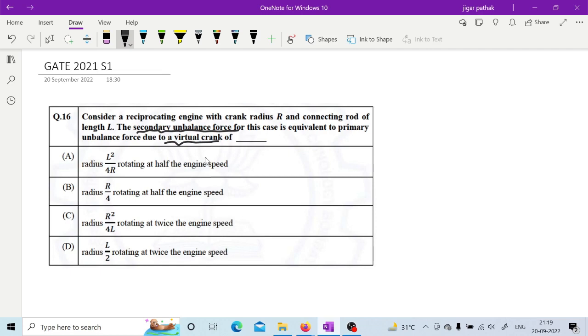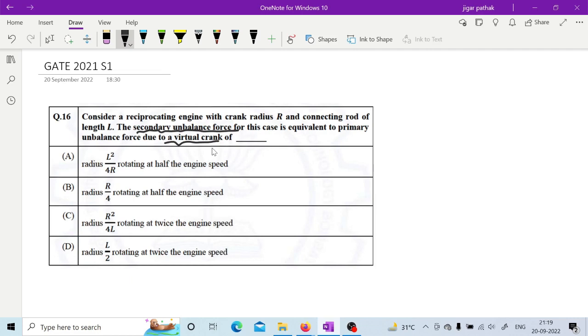So what is the radius of that imaginary crank? Will it be D, radius L by 2, rotating at twice the engine speed? Are you sure? That is B, sir.